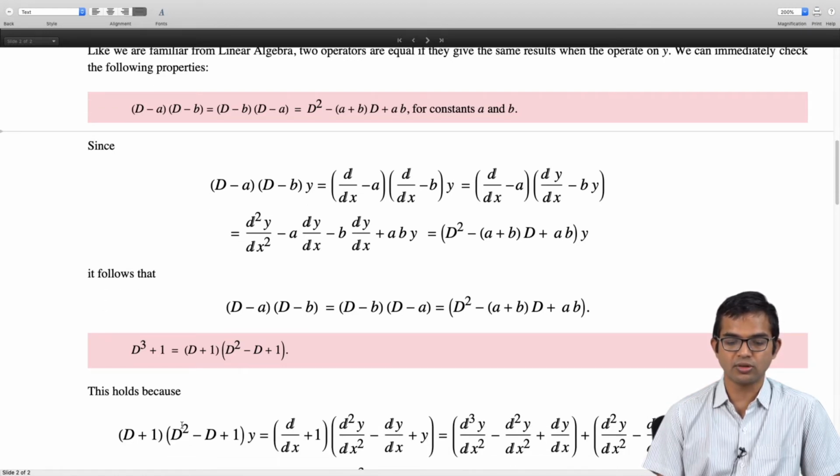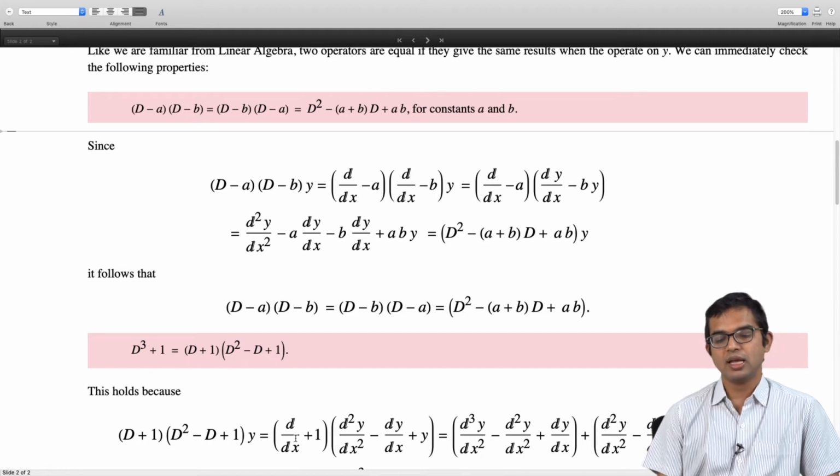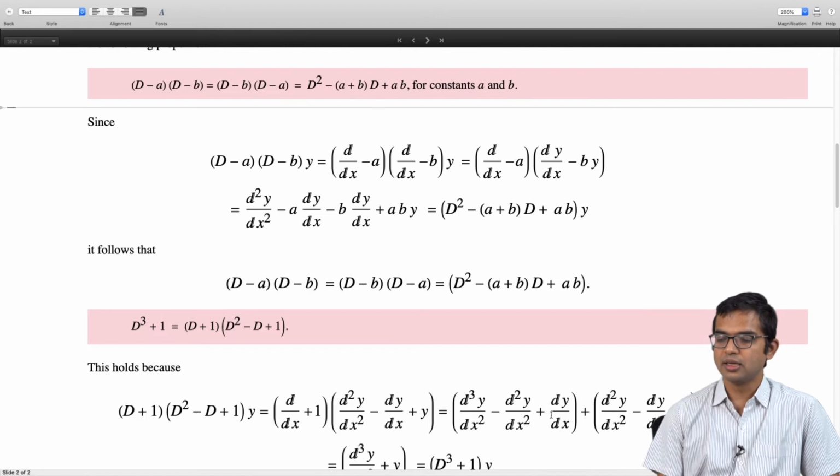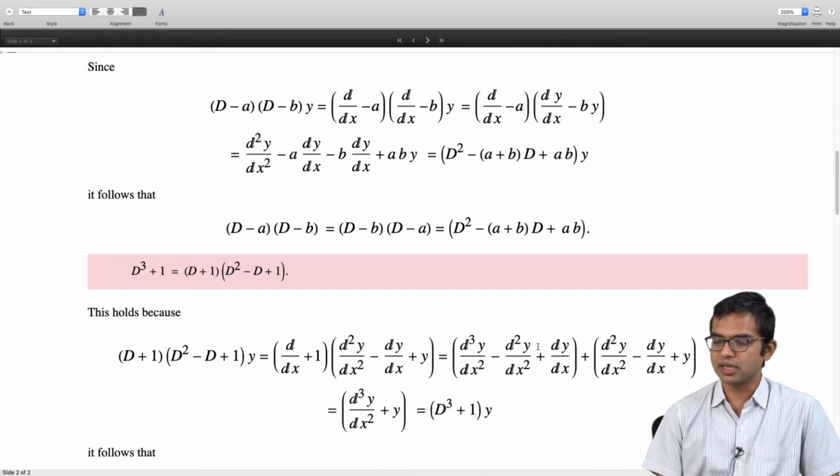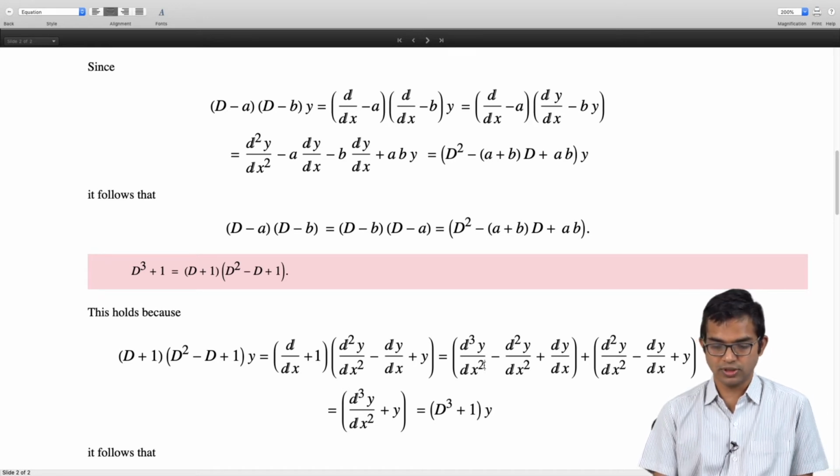D plus 1 acting on (D squared minus D plus 1) y is equal to (d/dx plus 1) times this whole thing. Then you expand, and you get all these cancellations: the second, third, fourth and fifth terms will cancel, and you'll be left with just d cubed y by dx cubed.